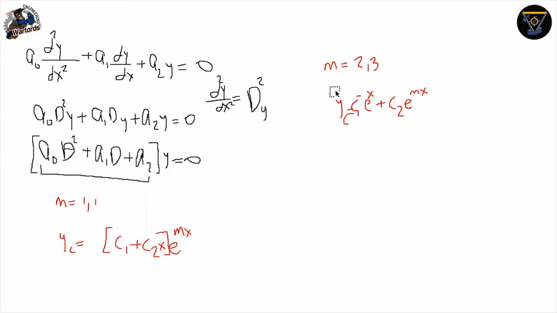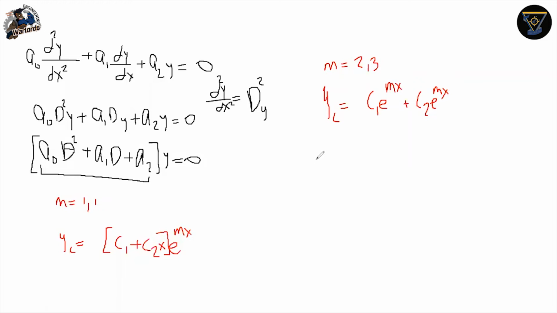Let me just rewrite it, sorry. So when you don't have a repeating root, yc is equal to c1 e to the mx plus c2 e to the mx, right?